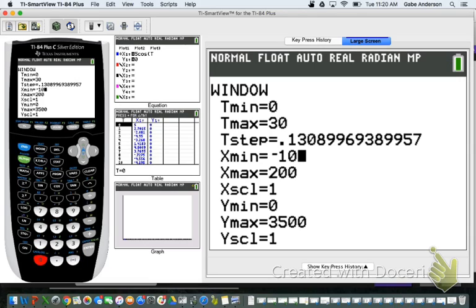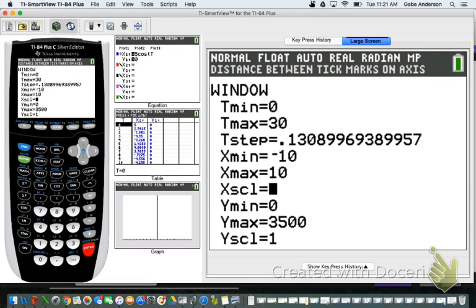Wait, what should I t-step? What is your t-step right now? 7.5. That's really fast. Let's go like 0.13. It doesn't have to be that long nasty number. Keep it small like that. So I'm going to go negative 10 to 10.